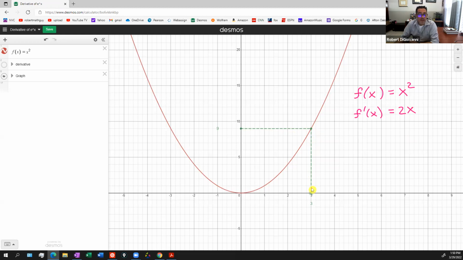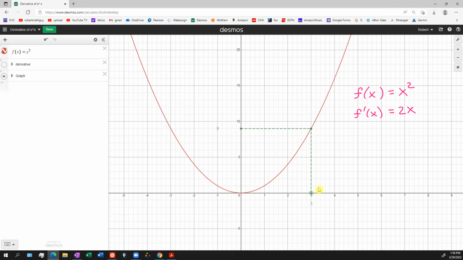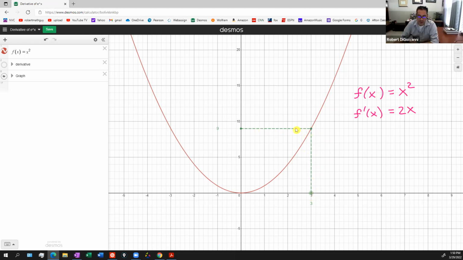What is the derivative of this function x squared at 3? 9? No, that's the value of the function at 3. If I plug 3 into this function, it spits out 9. The derivative is the slope of the tangent line, right?